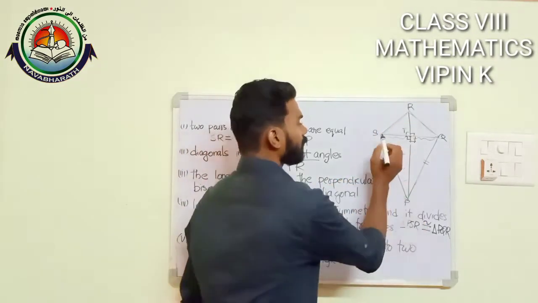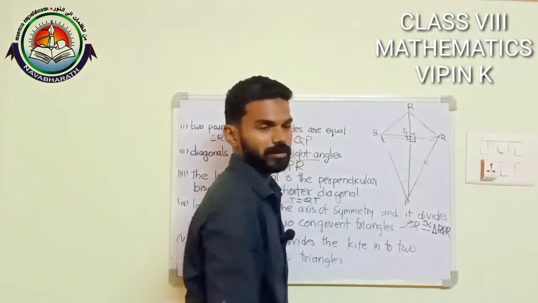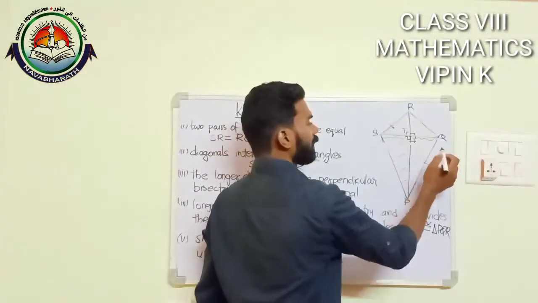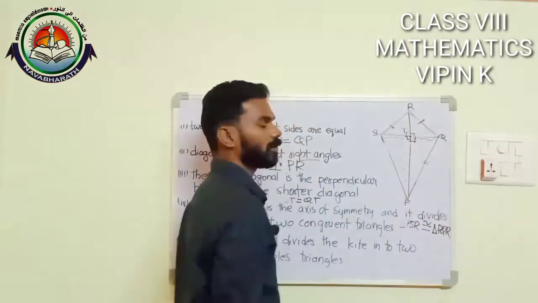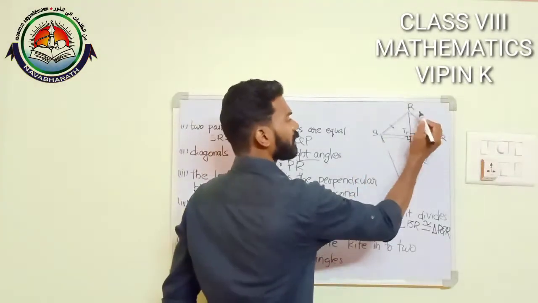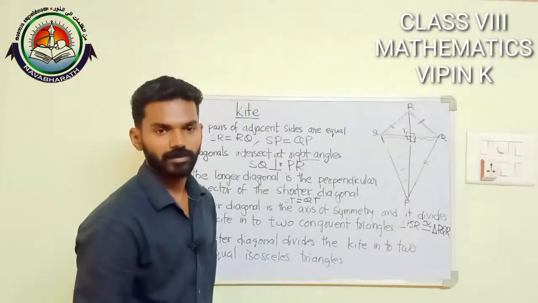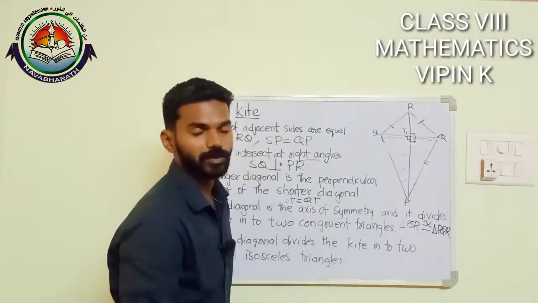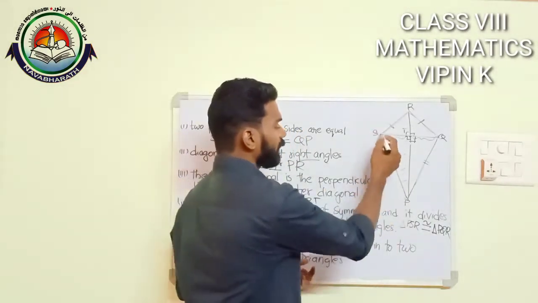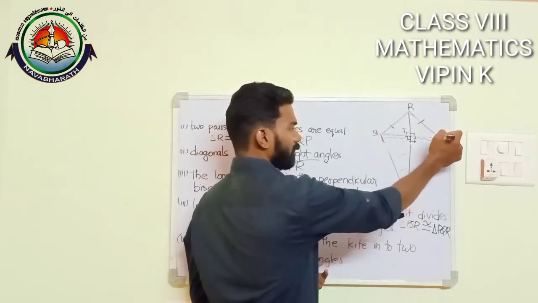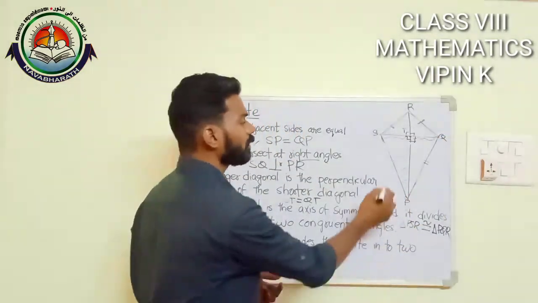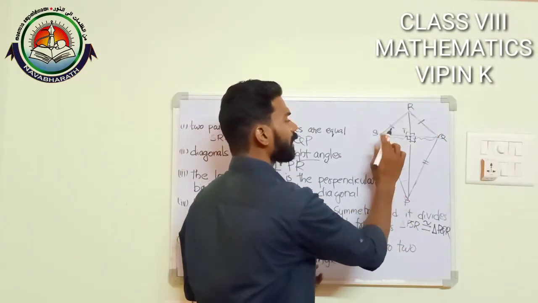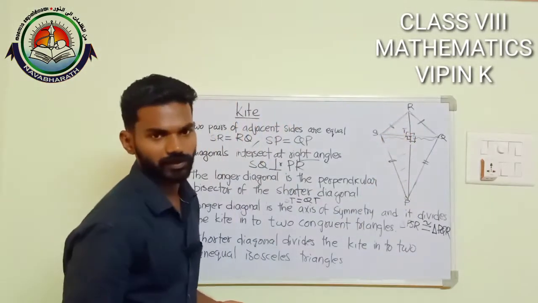You can see in triangle SQR, the side SR and the side RQ are equal. So SQR is an isosceles triangle. And the next triangle SPQ, which are the two sides that are equal? SP and QP are also equal. So this triangle also would be isosceles.